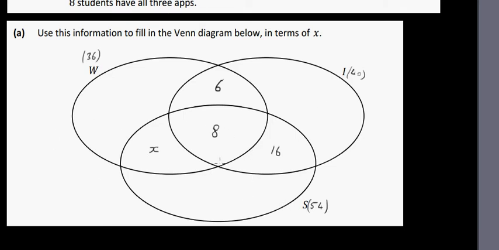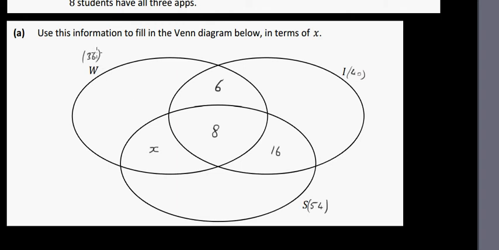Okay, so now at this stage we just have to fill out this part, and this part here. So how do you do that? Well, we know that 6 plus 8 plus X, if we add those 3 together, subtract them from 36, that'll give us this part here.